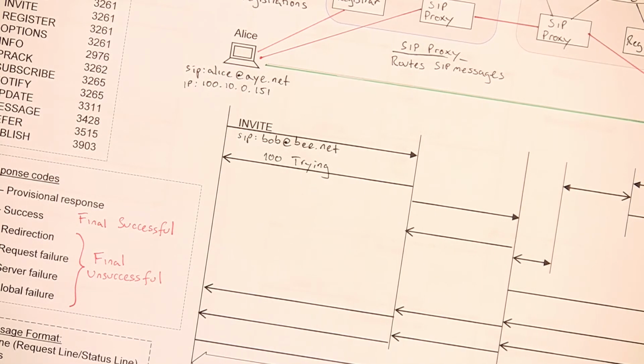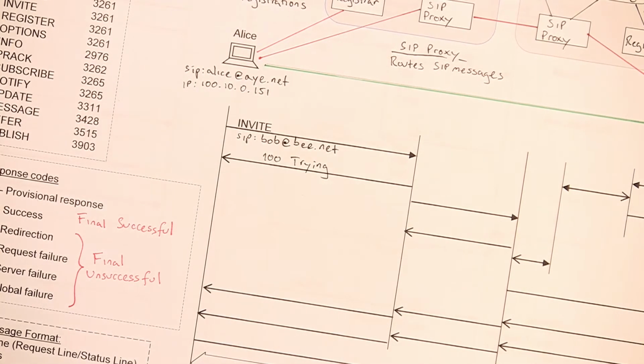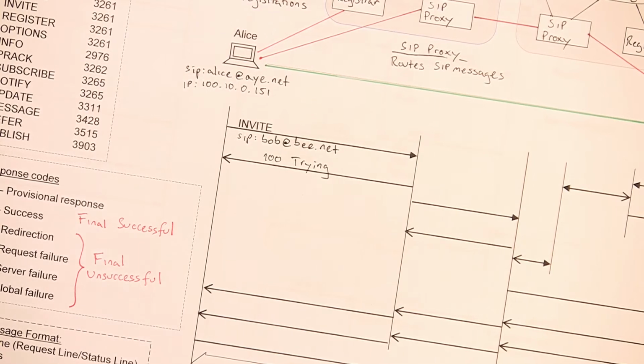We'll talk more about reliability and retransmissions later, when we talk about the statefulness of SIP. But right now, just learn that trying means I got your message, don't retransmit.